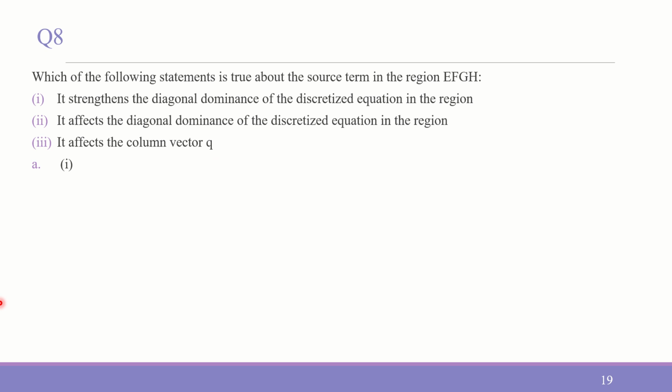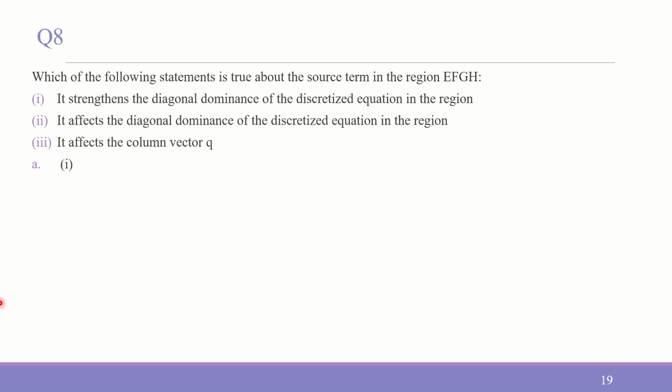First of all, where does this source term come in? It goes in the equation del square f is equal to f of x comma y. So this source term will go into the RHS of the equation. It will not play a role on the LHS.